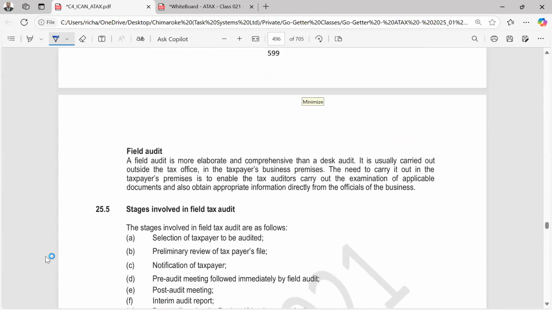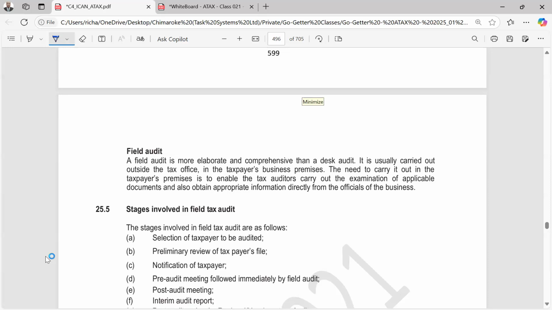Let's go to field audit. When tax audit is not adequate enough to establish that the audit of your company is well done, field audits may also be involved.